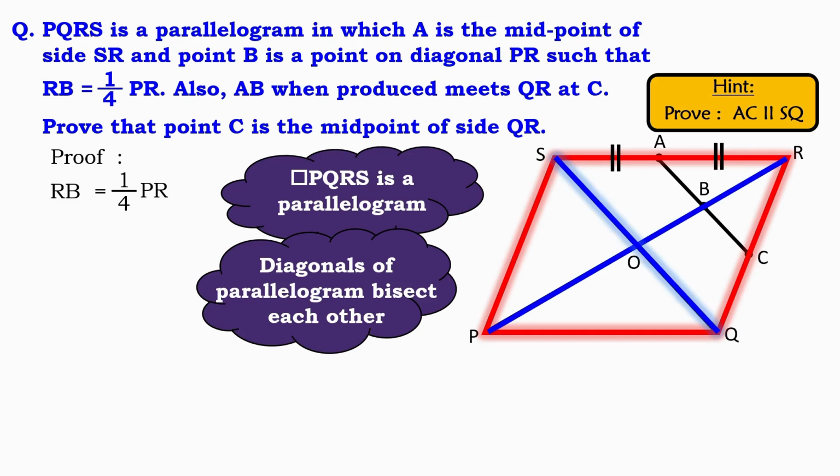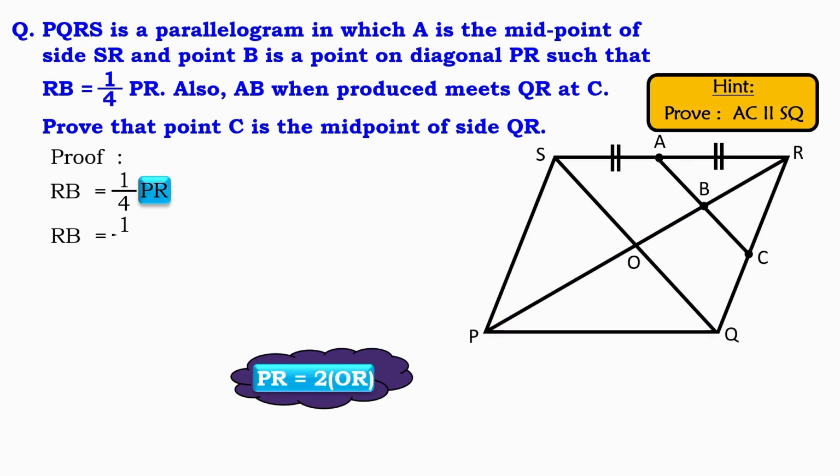The diagonals are PR and SQ. They meet at point O and they bisect each other. So SO is equal to OQ and OP is equal to OR. Since it is bisected, PR will be 2 into OR.